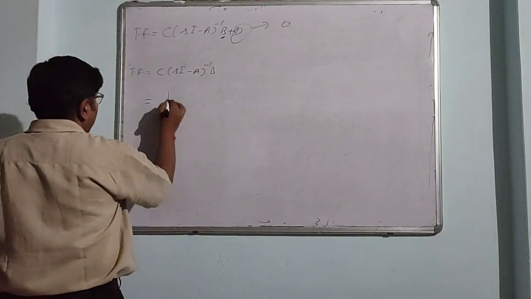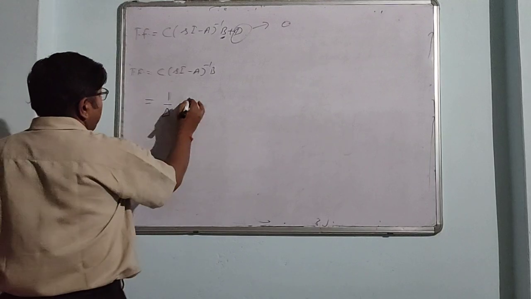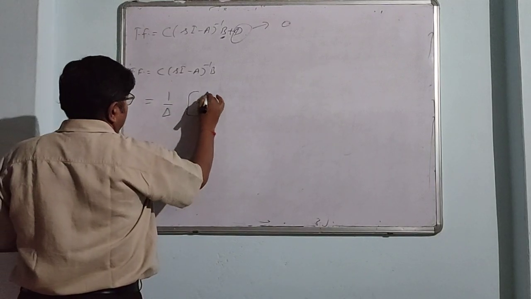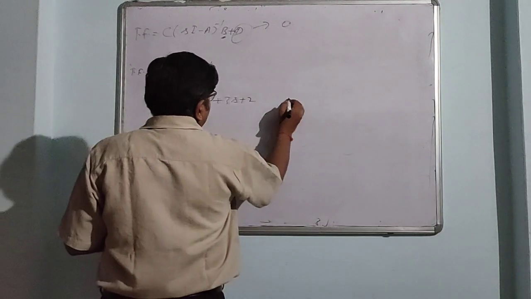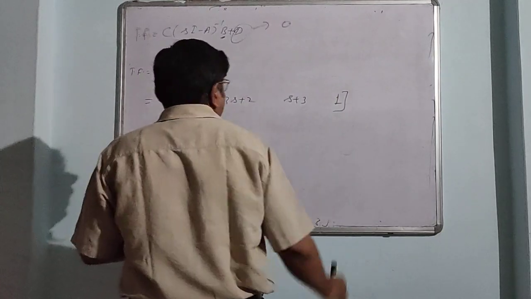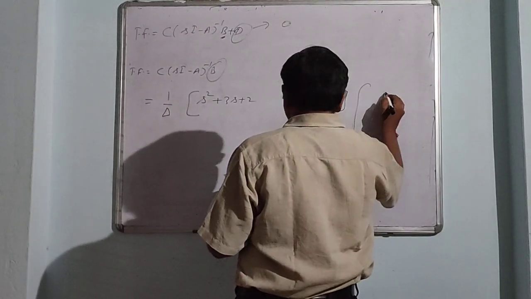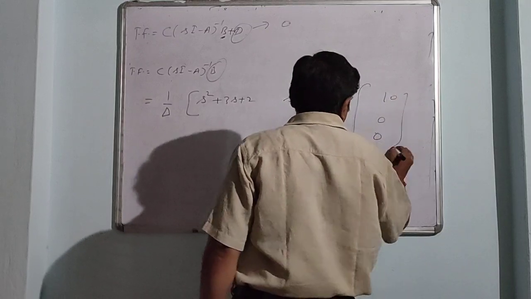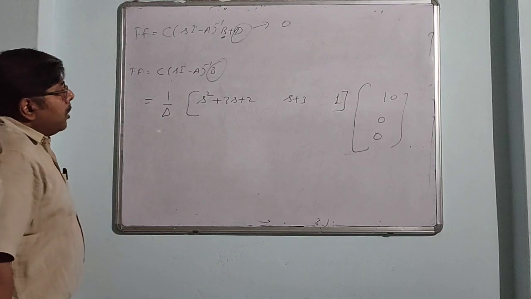You can write 1 upon delta, included here. s square plus 3s plus 2, s plus 3, 1, and the value of this matrix is 10, 0, 0. So now you can multiply.